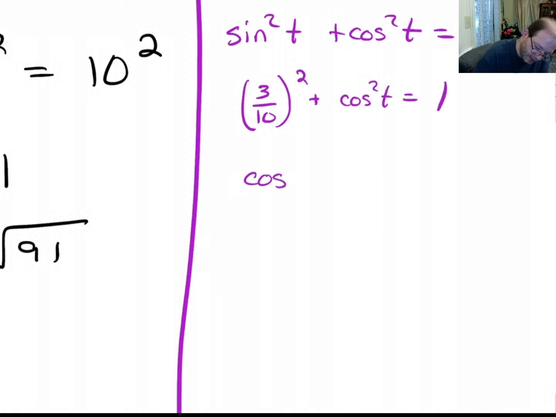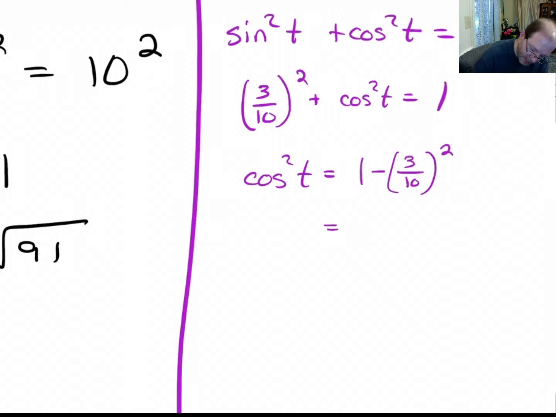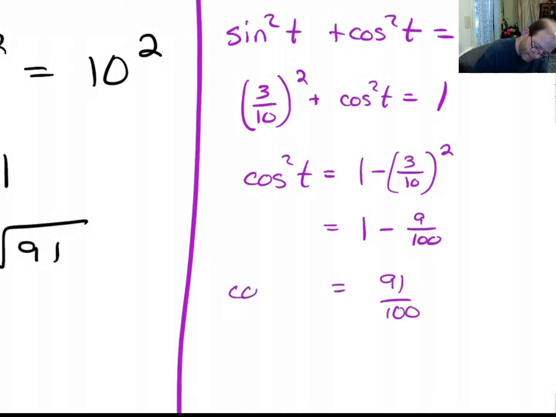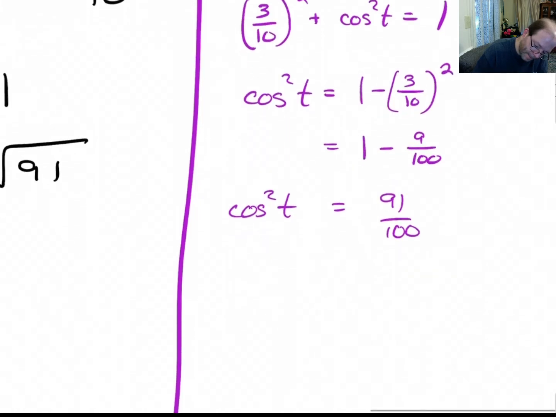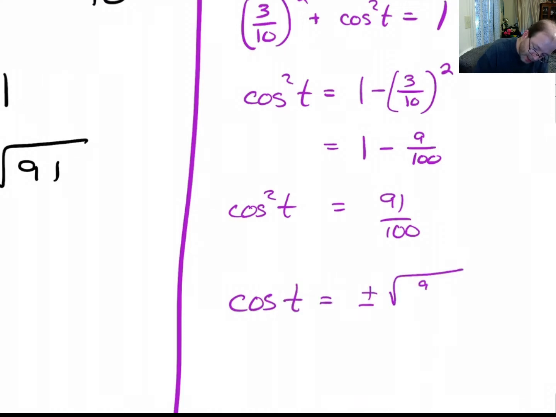All right, so you get cosine squared t equals 1 minus 3 over 10 squared. So it's 1 minus 9 over 100. So that gives you 91 over 100. So if you take the square root of both sides of this, you get cosine t is either plus or minus root 91 over 100.